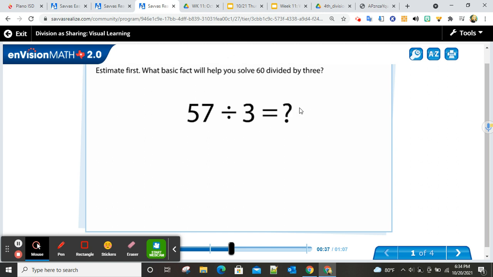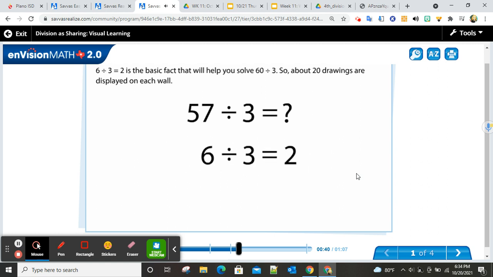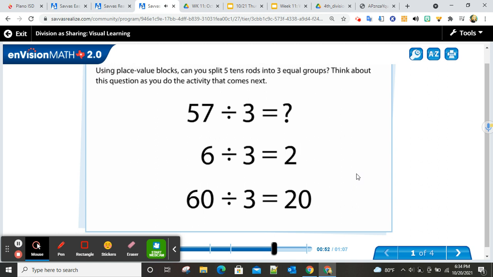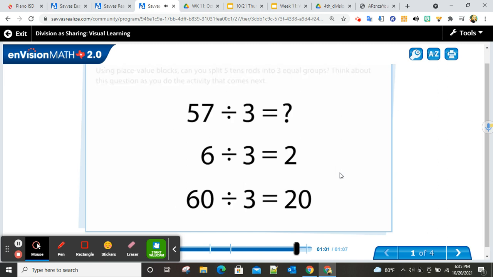So they're probably thinking about 20 times 3. 6 divided by 3 equals 2 is the basic fact that will help you solve 60 divided by 3. So, about 20 drawings are displayed on each wall. Using place value blocks, can you split 5 tens rods into 3 equal groups? Think about this question as you do the activity that comes next.